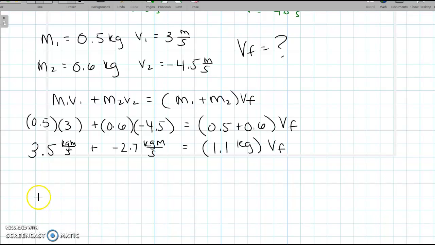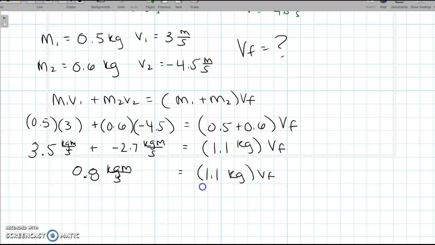All right, so if you completed that math, this is what you should come out with. So combining to find our initial momentum total, the total momentum is going to be 0.8 kilogram meters per second. And remember, whatever we start out initially, we need to end with finally, which is why we can use this information to solve for our final velocity.